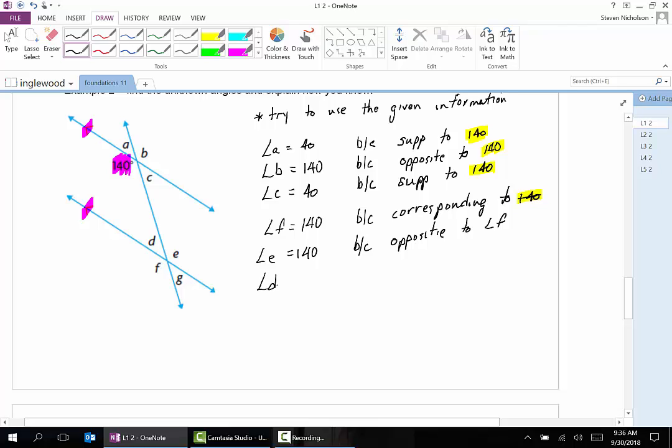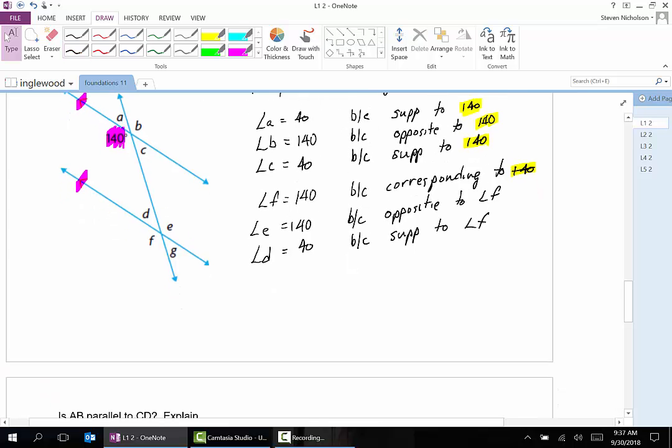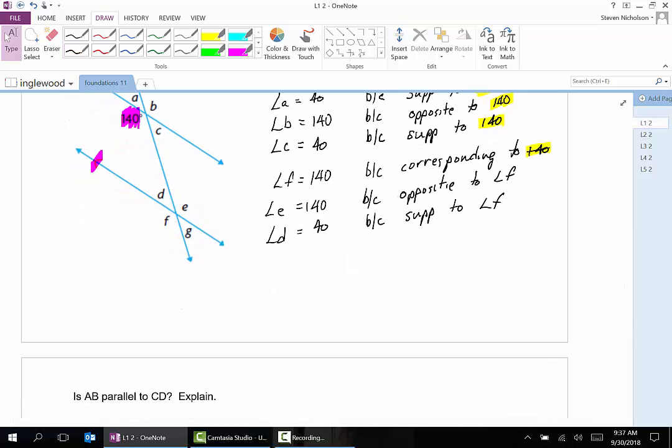Angle D is equal to 40 because it is supplementary to angle F. And we know angle F is 140, and we know supplementary angles add up to 180 degrees. But really, we're hoping we did angle F correct. And finally, angle G is equal to 40 because, again, it is supplementary to angle F.